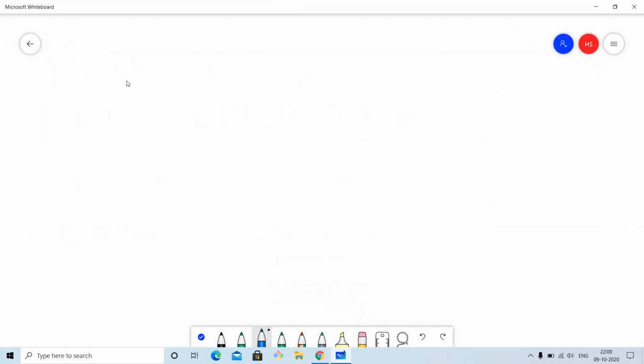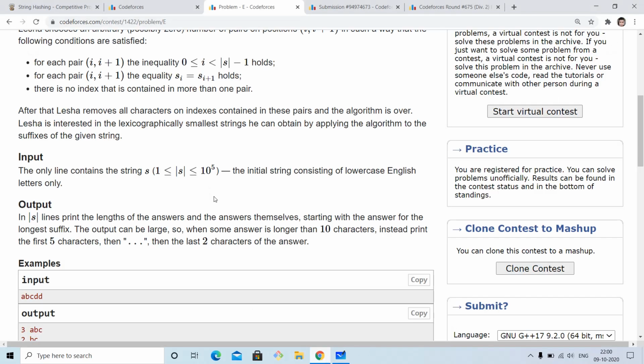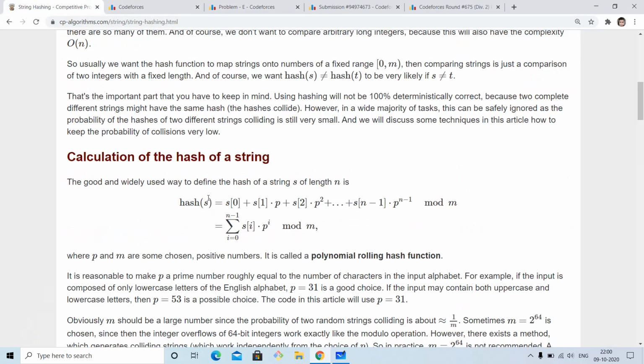First of all, we need to understand a basic definition, which is hashing. How do we calculate the hash of a string? We use this formula: s0, which is actually not the character but its value, where we give the Latin lowercase letters from A to Z the values 1 to 26.